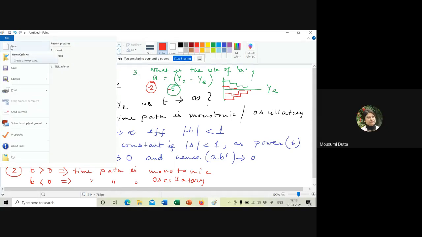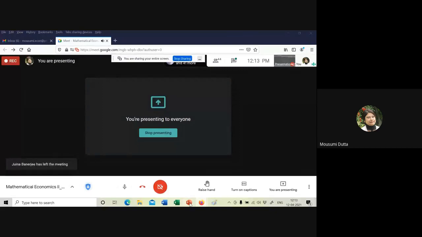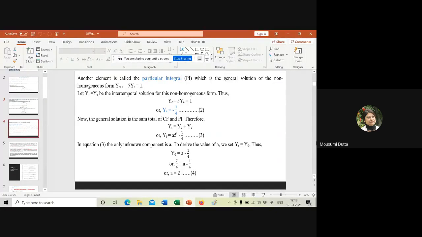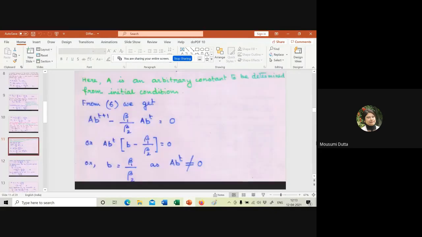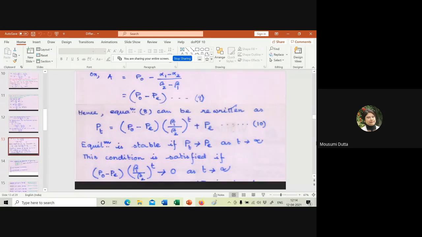Okay, so I'm erasing the entire thing, and coming back to the cobweb model. In case of the cobweb model, B is beta 1 by beta 2, and A, as you got, is P naught minus PE, and therefore the time path is Pt equals (P naught minus PE) times (beta 1 by beta 2) to the power t, plus PE.